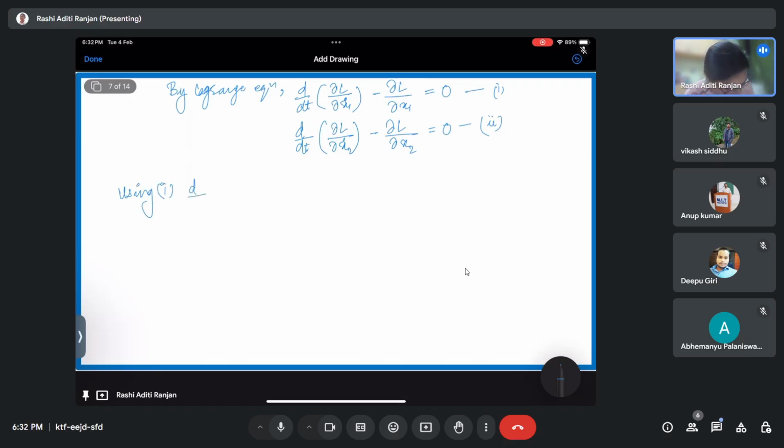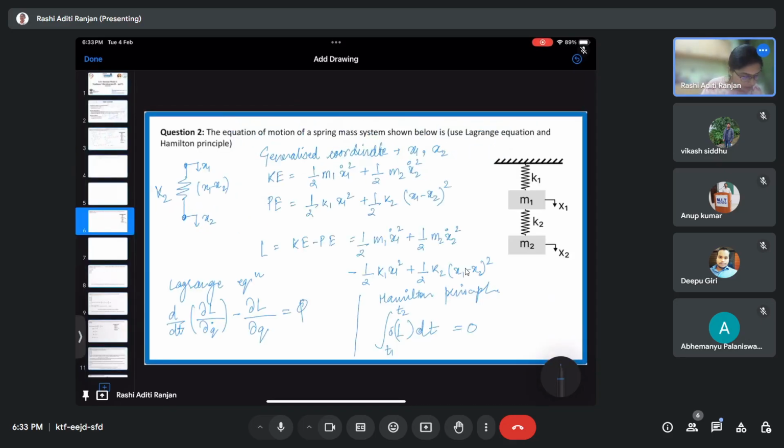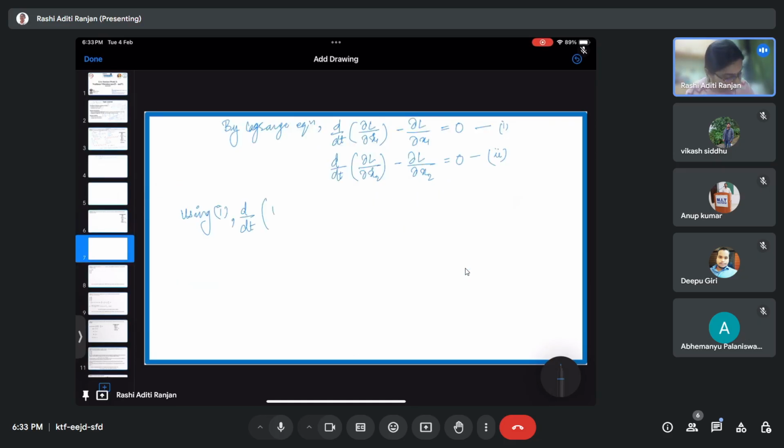I'll have d by dt, partial differential of L with respect to x1 dot. You see here, there is only one x1 dot term over here, right? So we'll have the differentiation which will be twice of x1 dot. 2 will cancel out, so it will be nothing but m1 x1 dot.